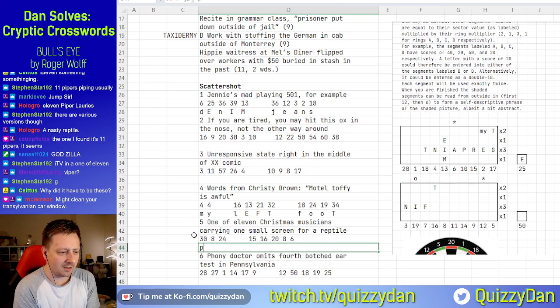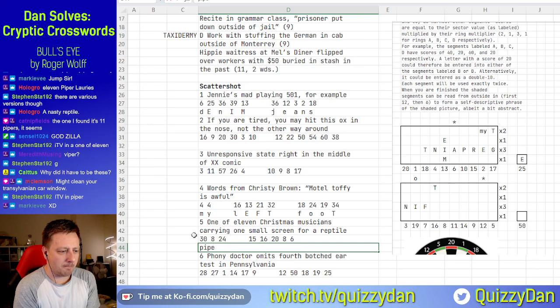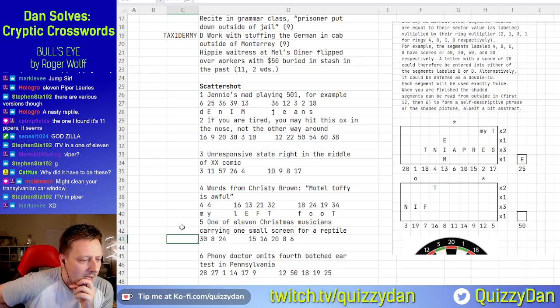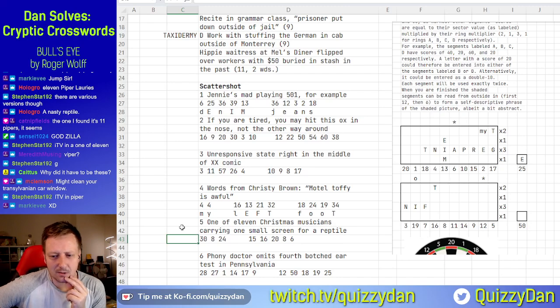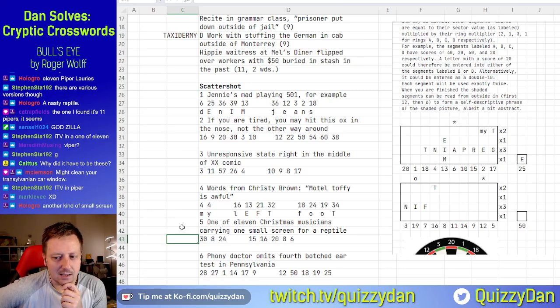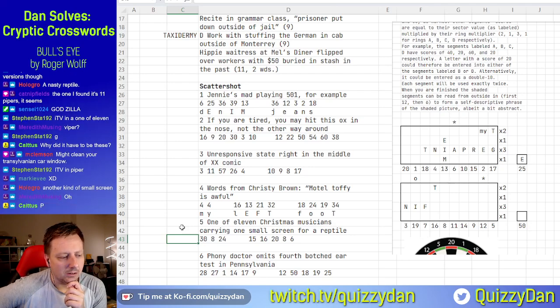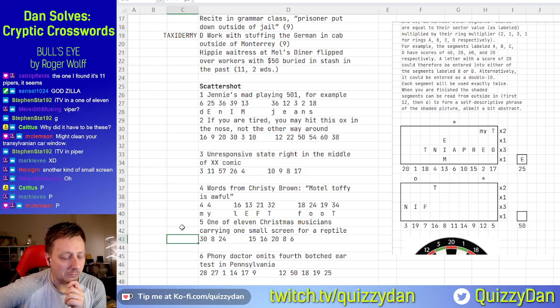ISS in... Oh no, let's... Piper? No. Oh, a bat of some kind, possibly. Can I have a first letter, please? Another kind of small screen. P. Oh, okay, so we're going to put something in Piper then.